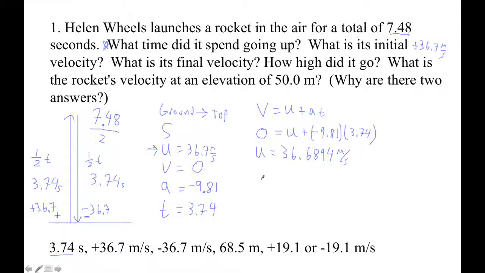All right, so the final velocity, we're good on that. We've got its initial velocity. How high did it go? Let's do that, and then I'll do the rest in the next video. Okay, so now let's figure out how high.